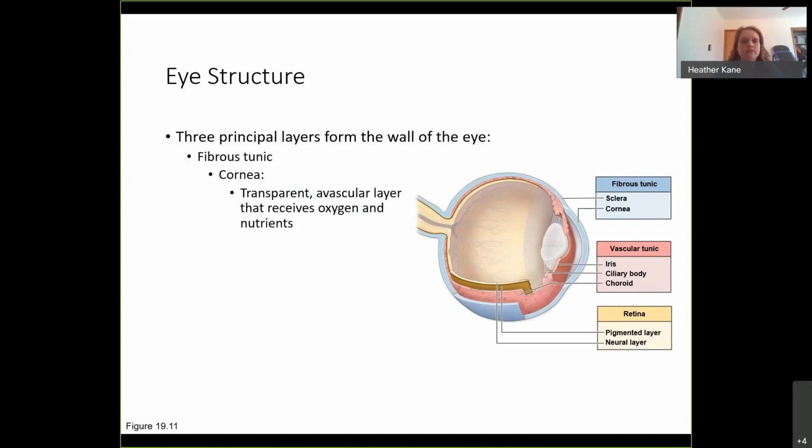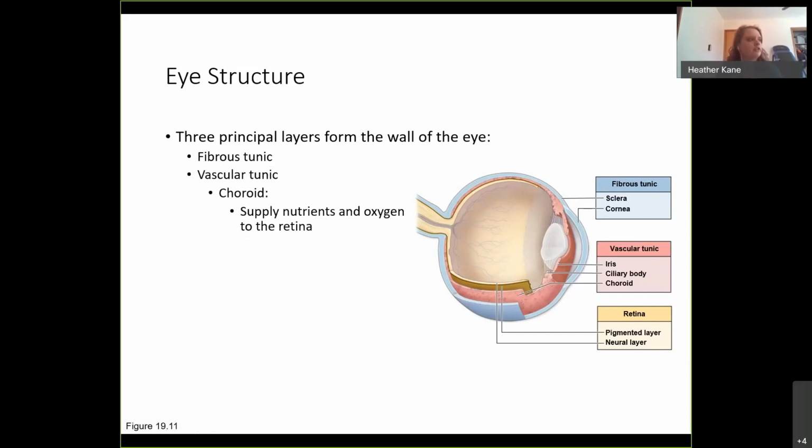And the cornea is going to receive oxygen and nutrients from the underlying layer. Then we have the sclera. The sclera is going to be the white of the eye. That's going to be on the outer surface, so it's not going to be where the lens is or where the iris is or where the pupil is. It's going to be where that white section is.